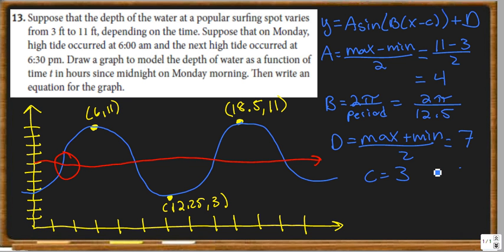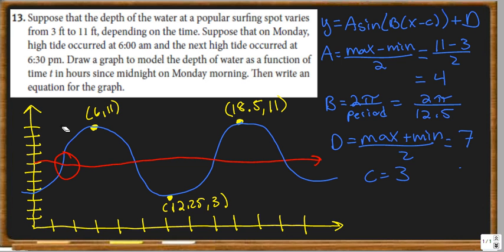Since we're sketching this, it becomes a little difficult, but I'm just going to go ahead and guess there. So what we have now is our A, B, C, and D. All we have to do now is write our equation. Also, the slope is positive here, so we're going to have a positive sine graph.